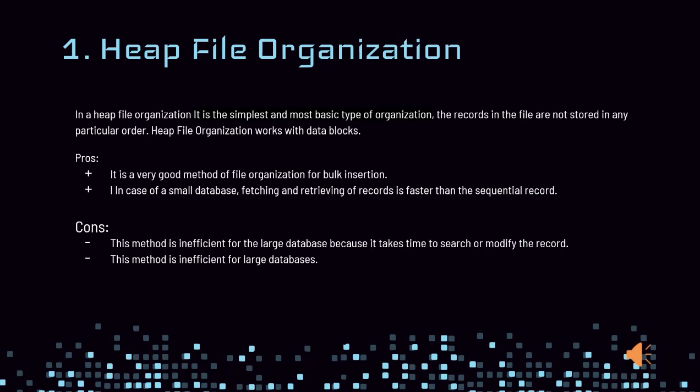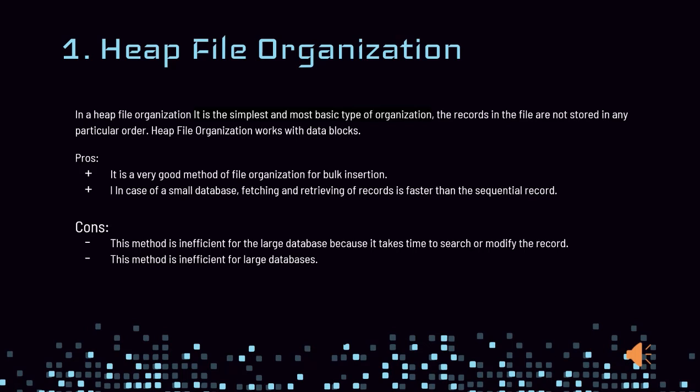No sorting or ordering is required. If a data block is full, the new record is stored in some other block. The other data block need not be the very next data block, but it can be any block in the memory. It is the responsibility of the DBMS to store and manage the new record.